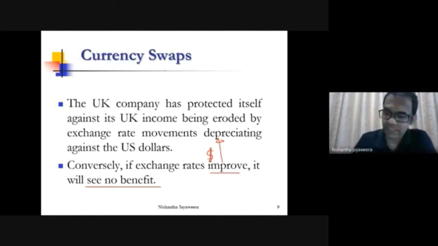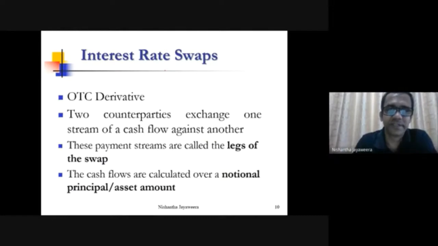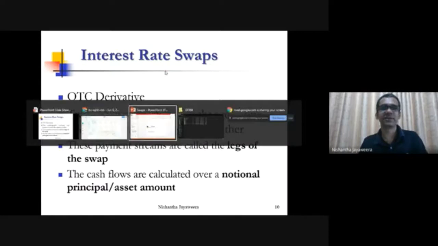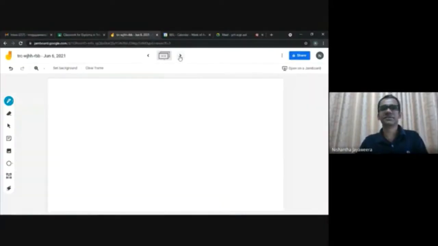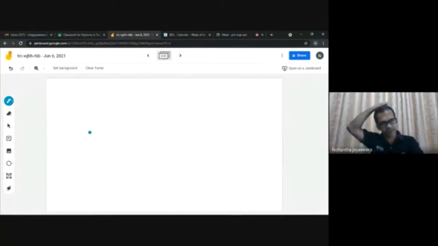So the next topic is on the interest rate swap. Before I move into interest rate swap, I'll explain a bit on these cross currencies, why this has come up or been initiated in the market.